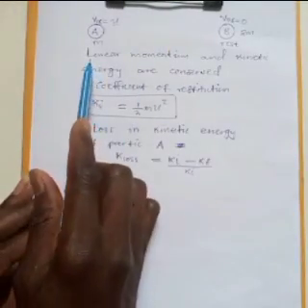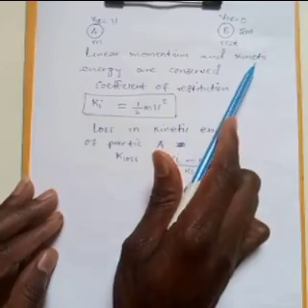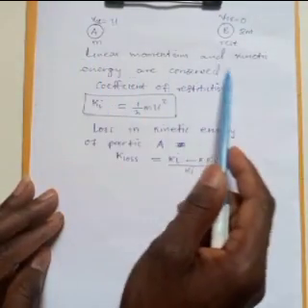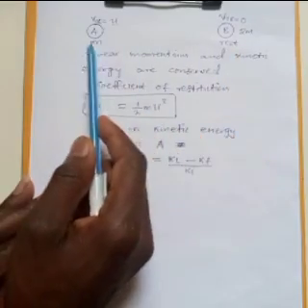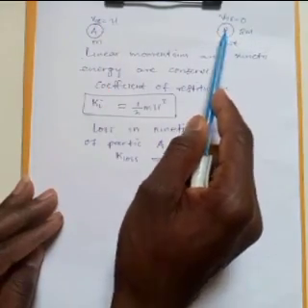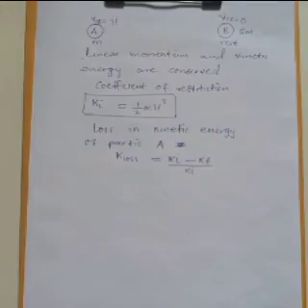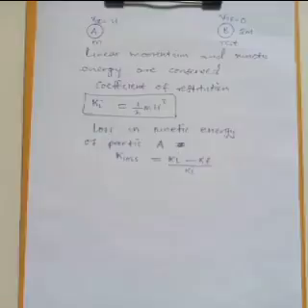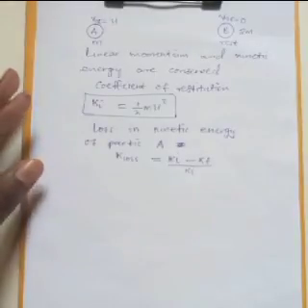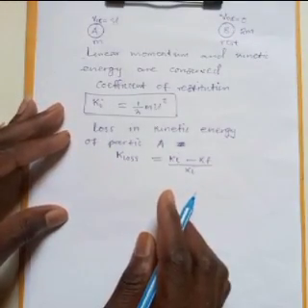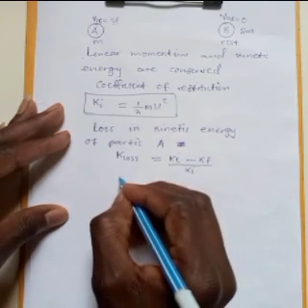Here I'm saying linear momentum and kinetic energy are conserved, meaning that I'll start by finding the linear momentum for these two different balls. But you have to be very careful, because this ball is actually at rest, meaning that once they collide, it will only have what we call the final velocity, or rather the final linear momentum.